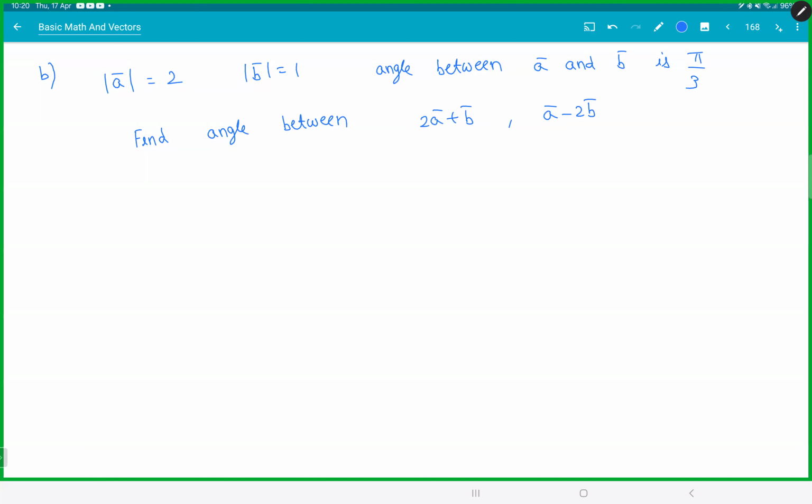How do we do this? Try. Everyone should try, calculate. It is a little working.